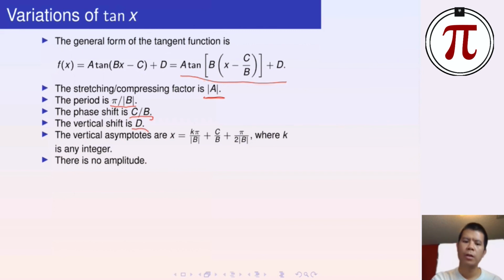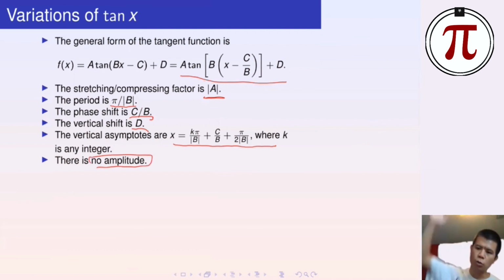Now the vertical asymptotes are given here for k an integer. For this one, there is no amplitude because it shoots to positive infinity.